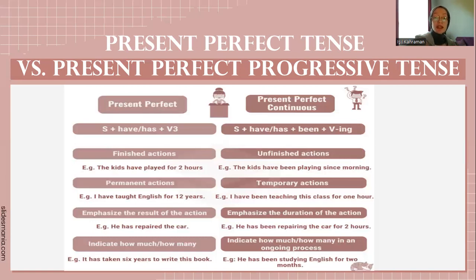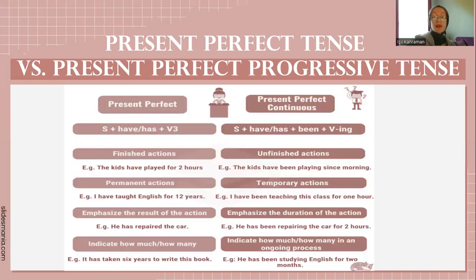He has repaired the car. The car is repaired, that is the result of the action. And he has been repairing the car for 2 hours. Maybe the car is not repaired yet, and there is a need for 2 more hours. And the last one is indicating how many.